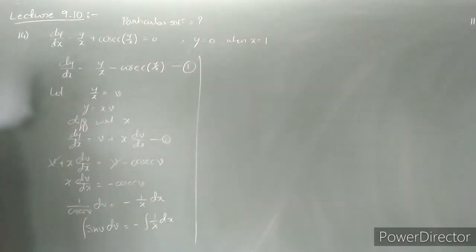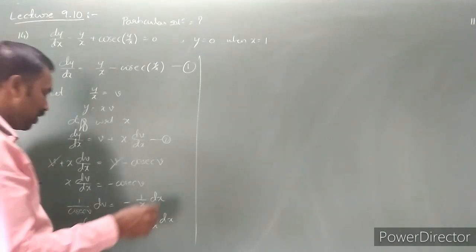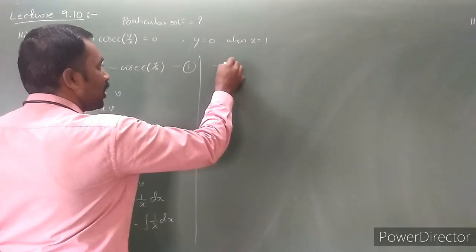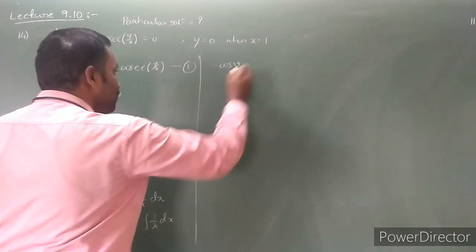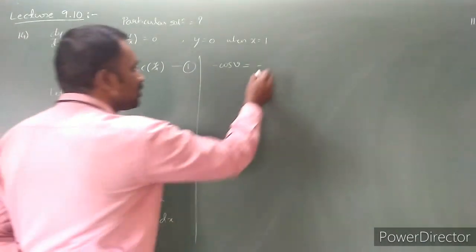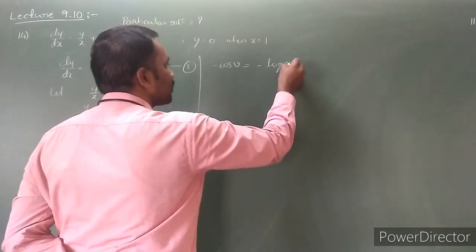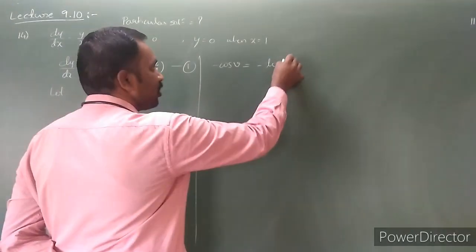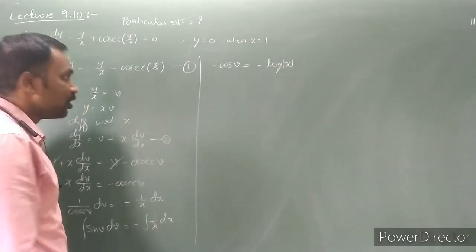Now we can easily integrate this. What is the integration of sin x with respect to x? Minus cos of x. Here sin v with respect to v, so minus cos of v is equal to minus as it is, the integration of 1 by x is log of mod x.